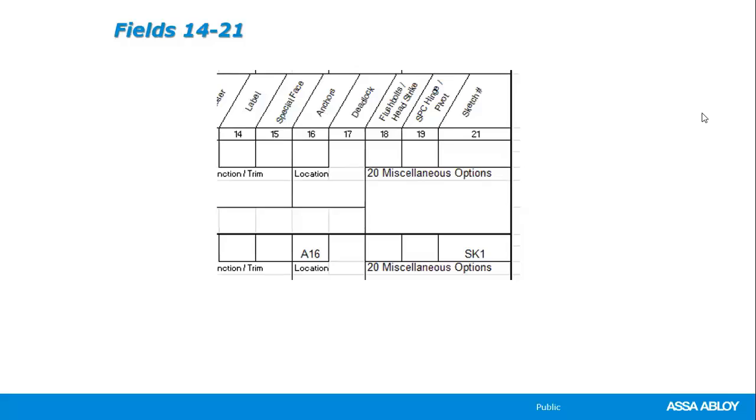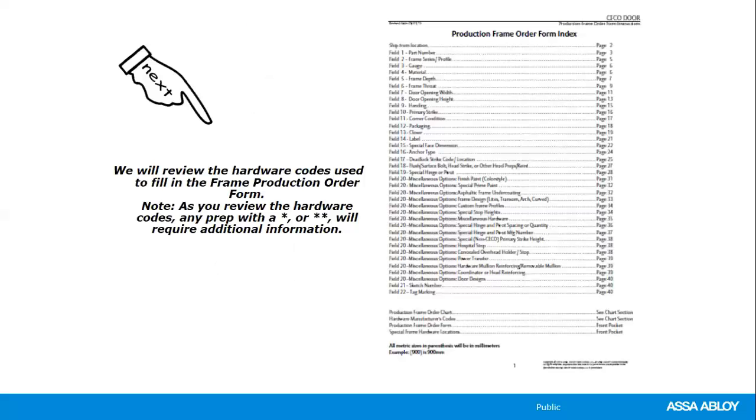And then you have a place for your miscellaneous options. Say you have a sidelight frame, a special type of frame that you need a drawing attached. So you can put in there C, detail attached, detail number 1 attached. And it can then list out the size, the height, and all that stuff, how many lights are in that sidelight unit or transom frame.